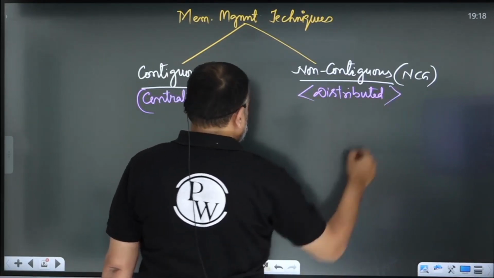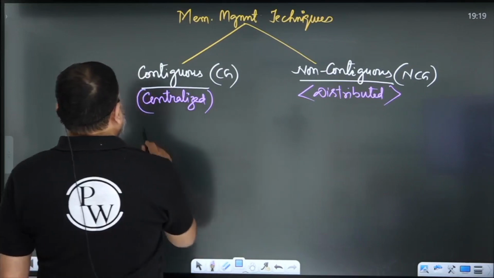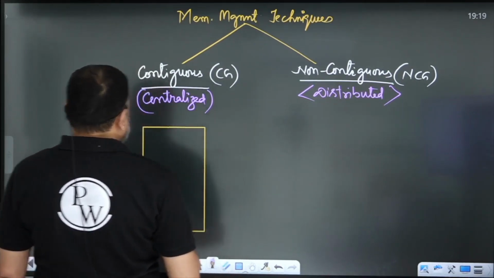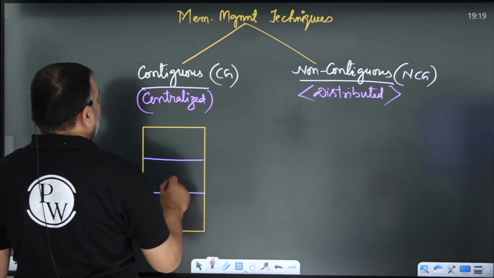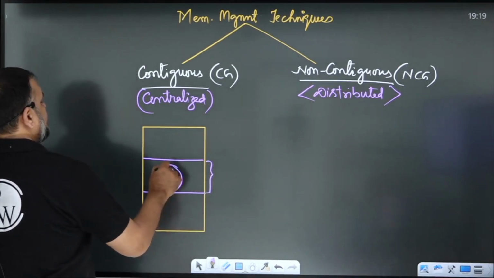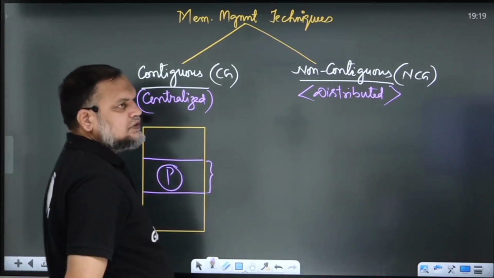In what sense? Let me explain. Suppose for example, if this is memory, centralized or contiguous allocation means the whole program will be at one place centrally, the whole program P. Program of 100 KB will be at one place contiguously, centralized.